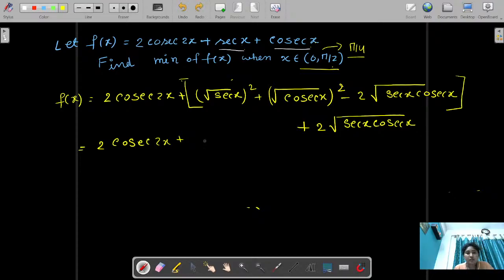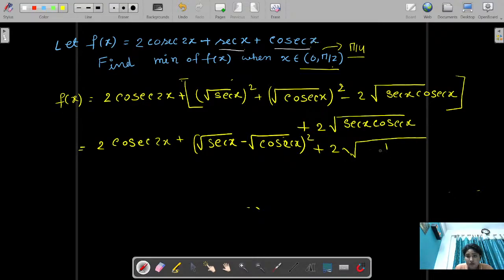So here it is root under sec x minus root under cosec x whole square plus 2 into root under 1 by sin x cos x.